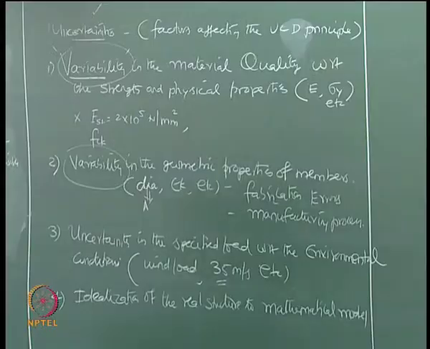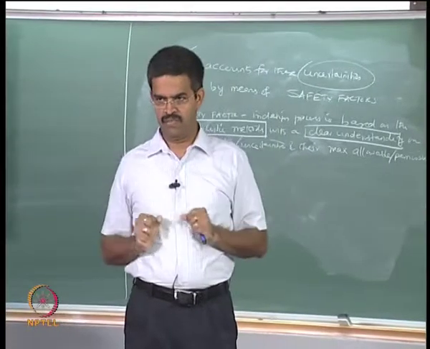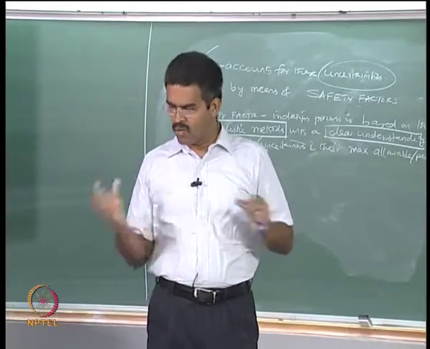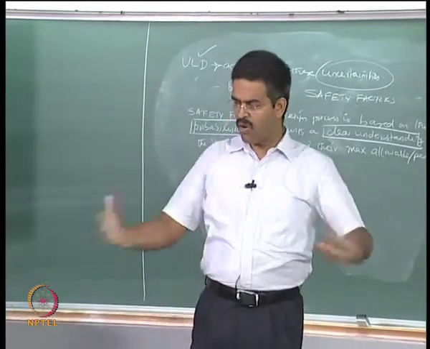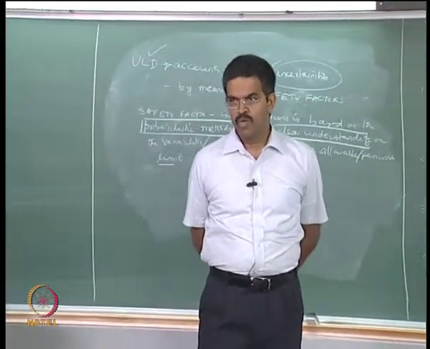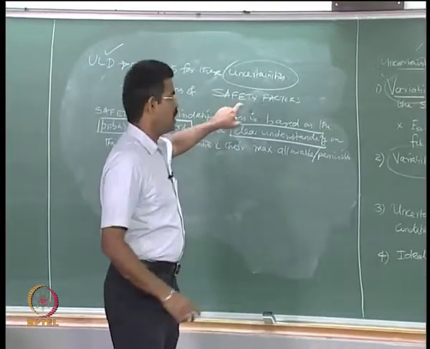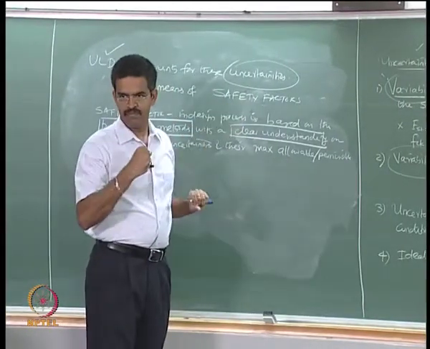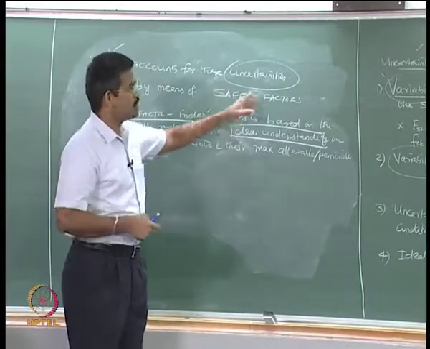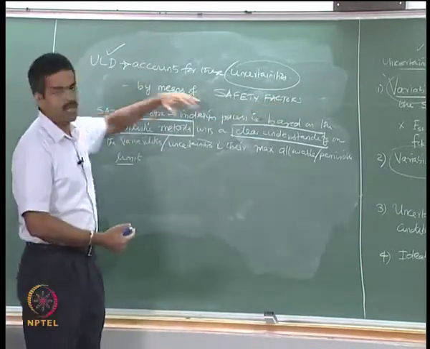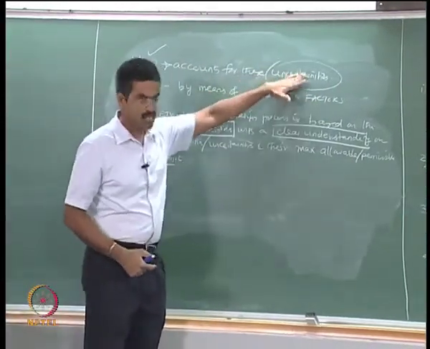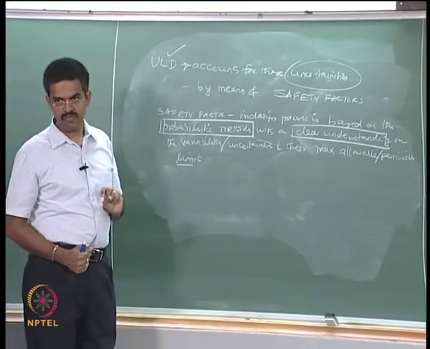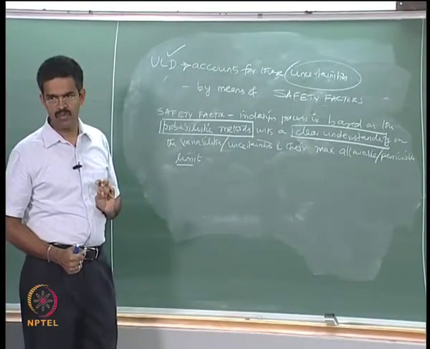So, they should be combined, though they are independent, though they are not dependent on each other, but still we have got to combine them to define the safety of the system. Is that clear? Because safety of the system is an indirect manner of accounting uncertainty in the design process, okay.